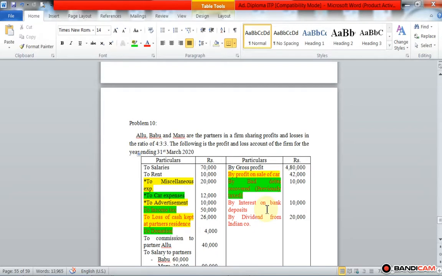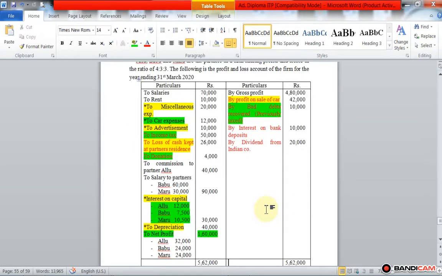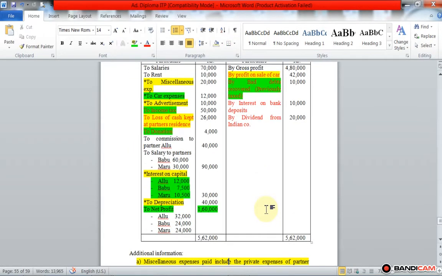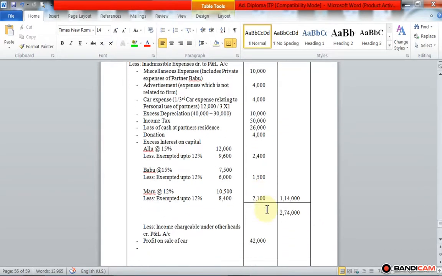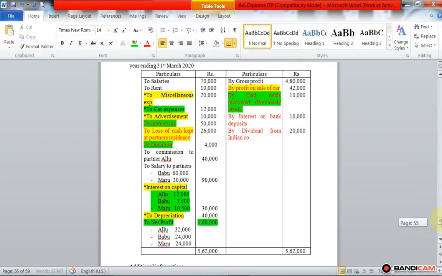So in the current year it is considered as income from other source. So deduct this from net profit, bad debts amounted to rupees 10,000.